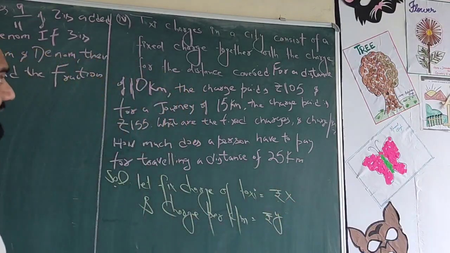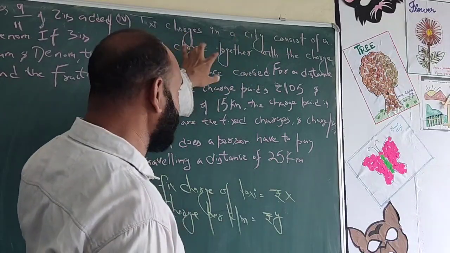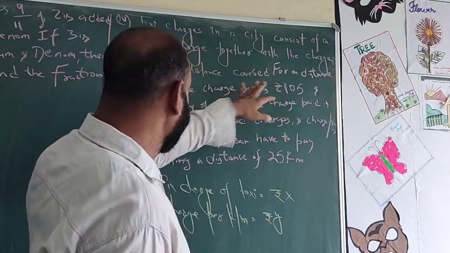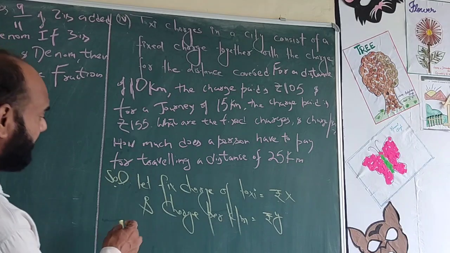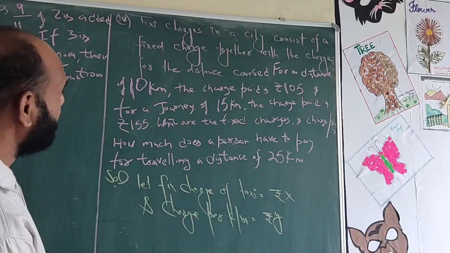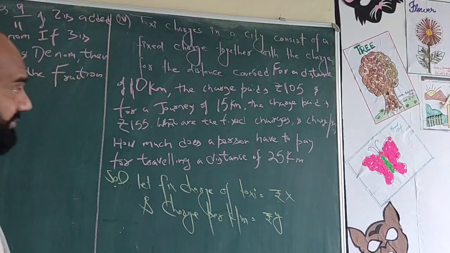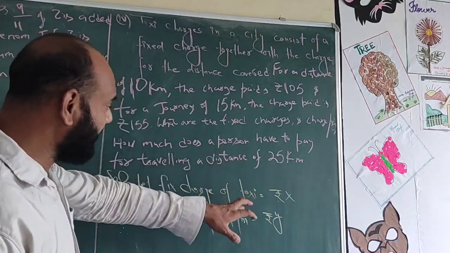According to this condition, for a distance of 10 km the charge is 105, and in this 10 km distance the fixed charge is also included.